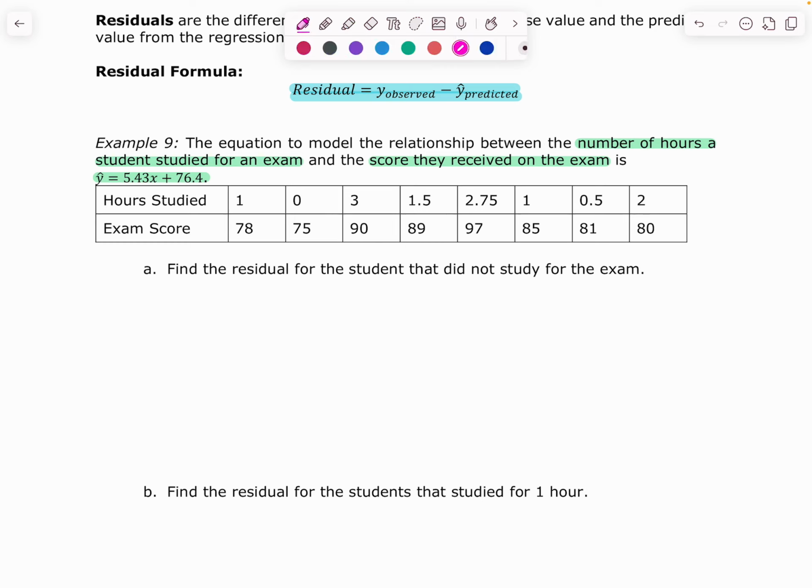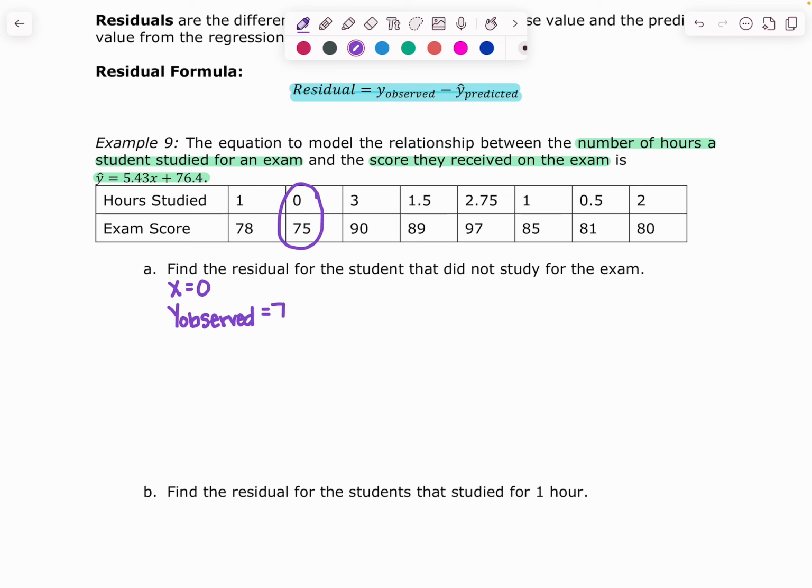So what we're going to do is find the residual for the student that did not study for the exam. So we're looking at this student here, the student with 0 hours studied. I'm going to start by writing down the x value is 0, and then the y observed value, this is what they actually got on the exam.